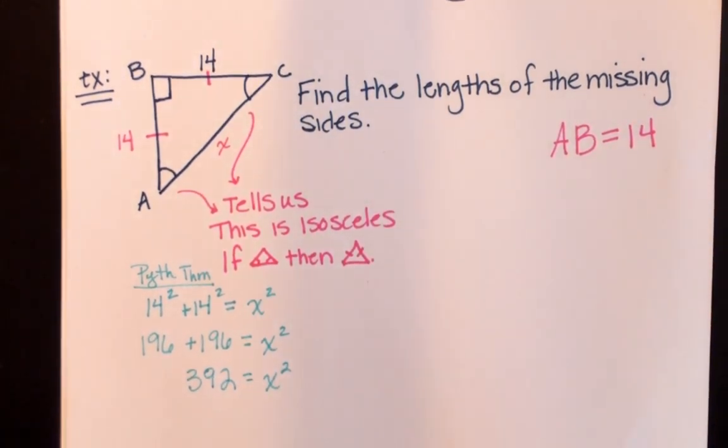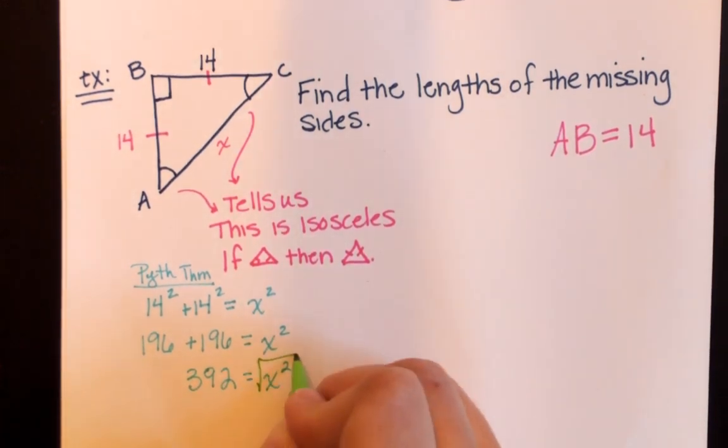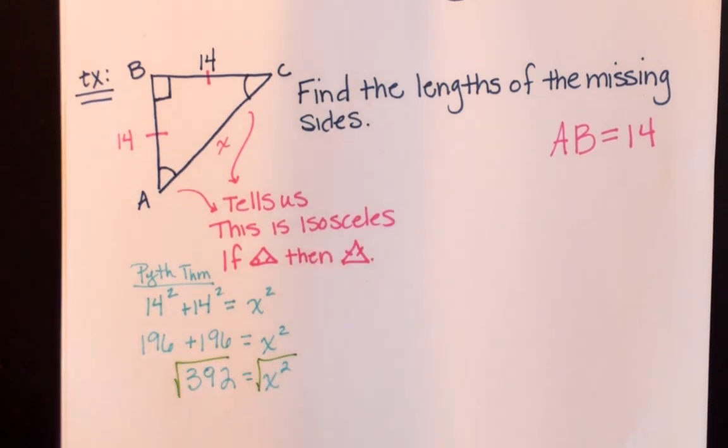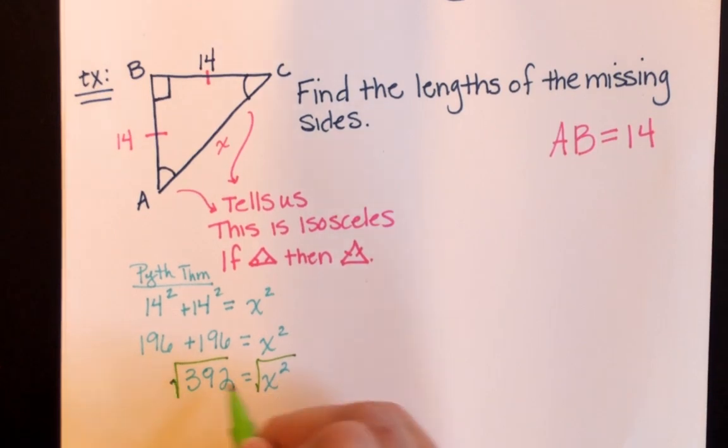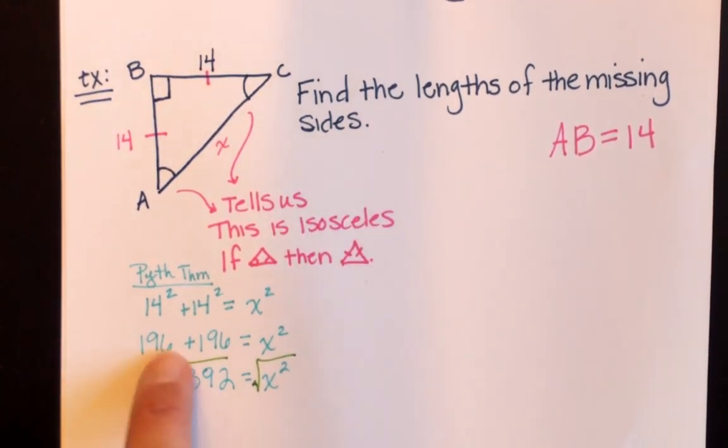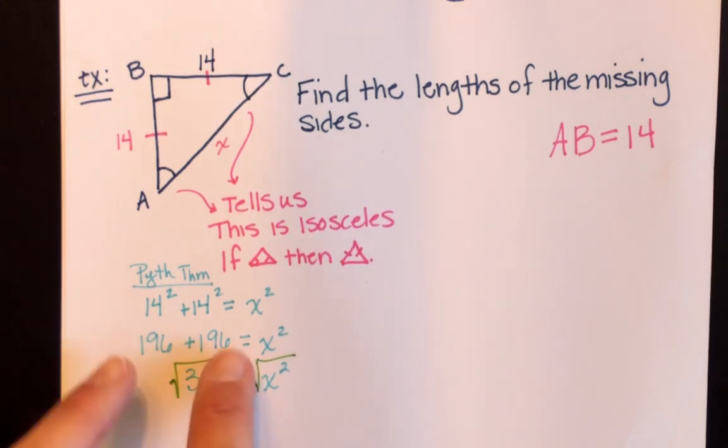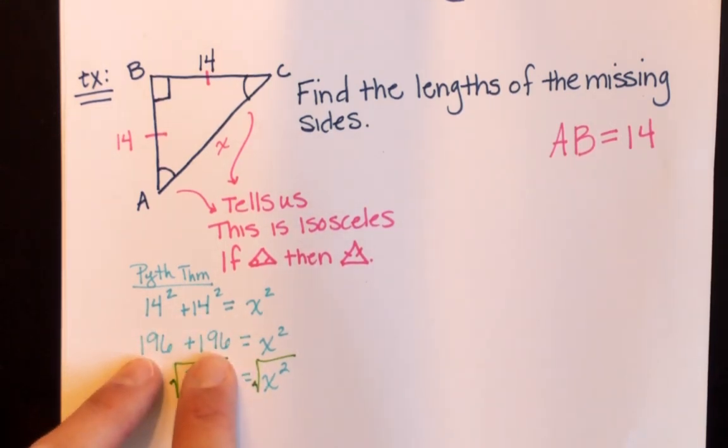We found out the hard way that as many times as we have begged you to use exact value, we still insisted on decimals and couldn't figure out why we were getting them wrong in NoRedInk. You weren't getting them wrong. You just were typing the answer in incorrectly. If you wrote this out, you can see that 14 squared was 196. There's 2 of them.